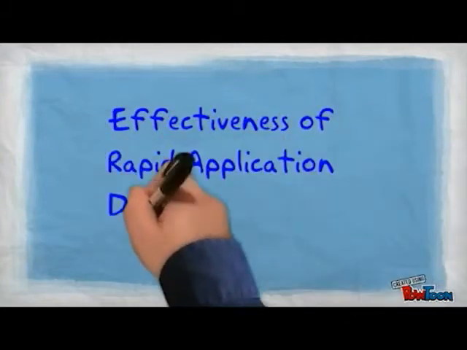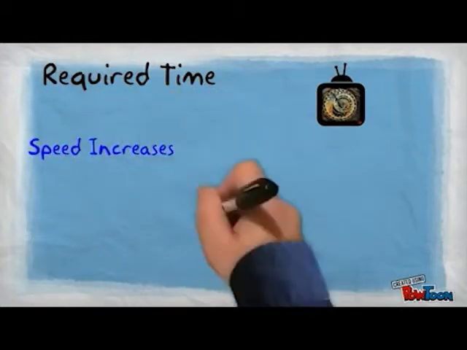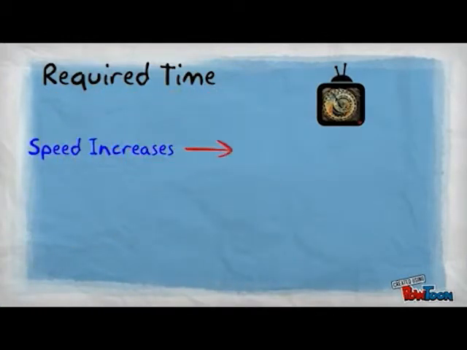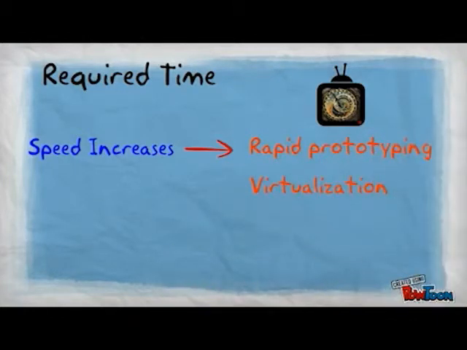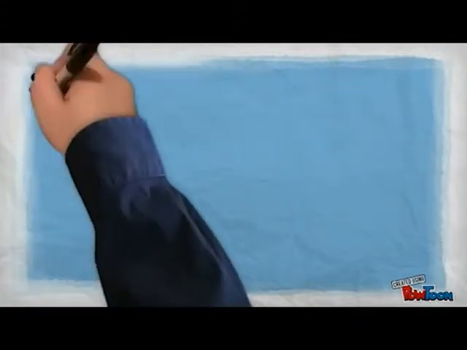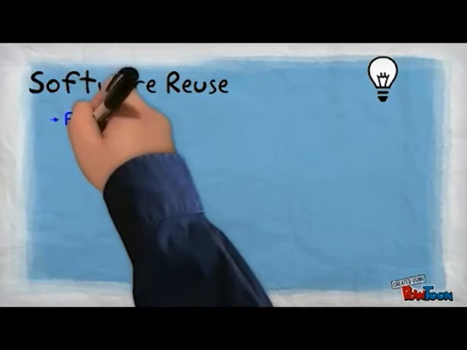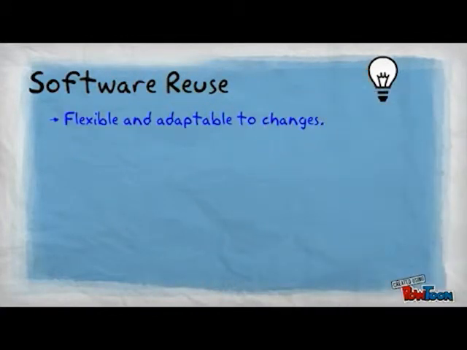Effectiveness of rapid application development. Required time. The speed increases can be achieved using a variety of methods, including rapid prototyping and virtualization of system-related routines. Software reuse. Flexible and adaptable to changes.